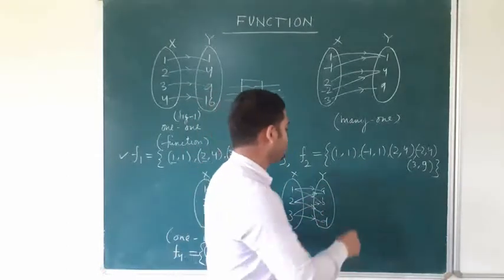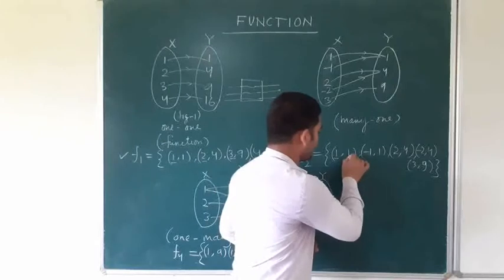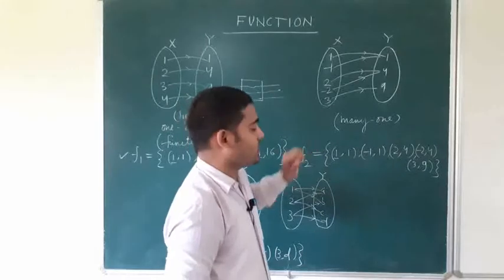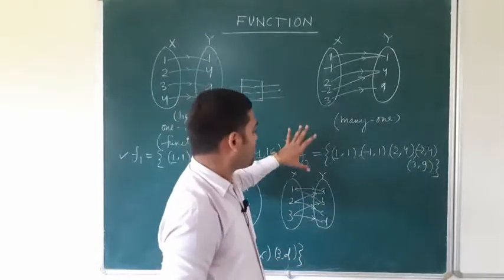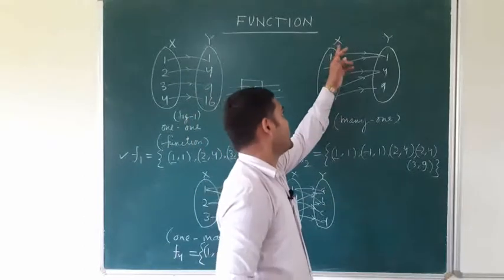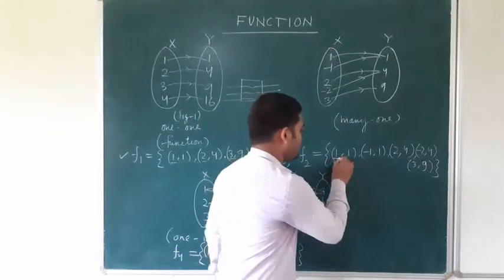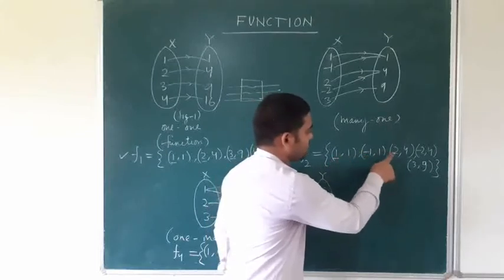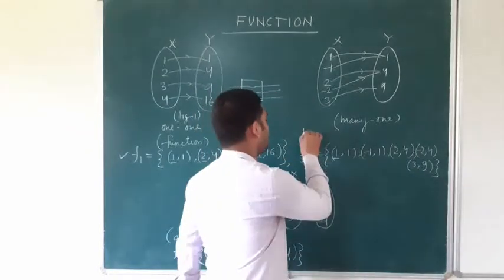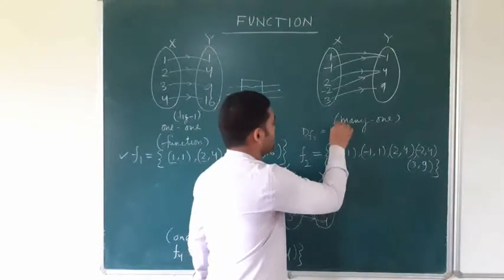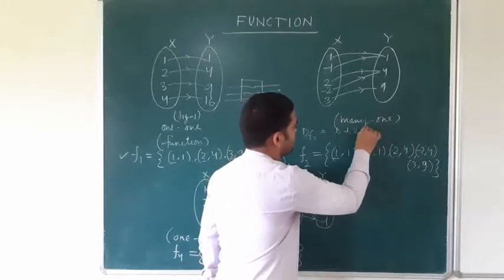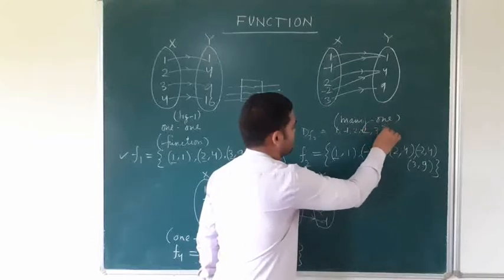See here. Now we see the domain. Domain of this function F2, this is X set. See, domain is what? 1, minus 1, 2, minus 2, 3. So domain of F2 is 1, minus 1, 2, minus 2 and 3.